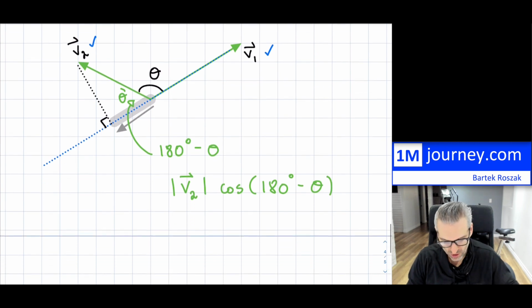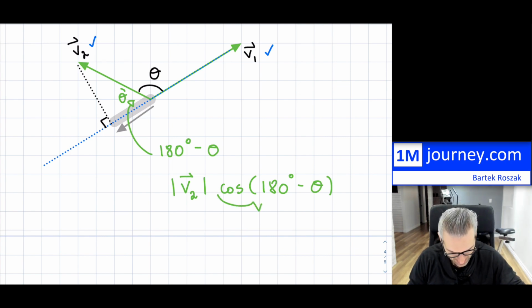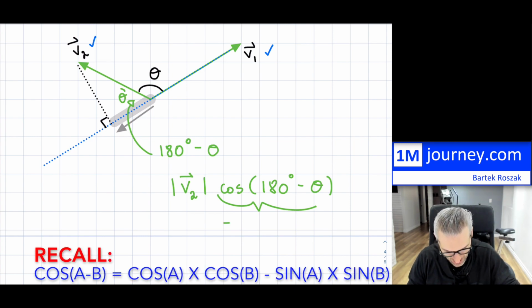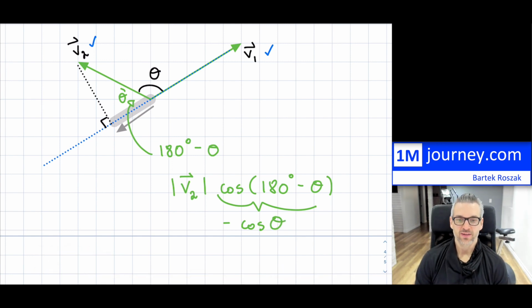Now, you may recall that taking the cos of 180 minus theta is exactly the same thing, from trig identity, as saying negative cos theta. That's all that is, and that indeed is true.